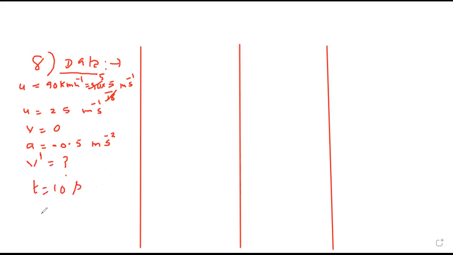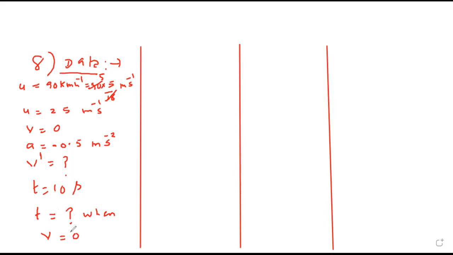Page number 54, sum number 8. Find the velocity after 10 seconds, v dash, and the time taken for it to come to rest, when v is 0. Comes to rest means v is 0.